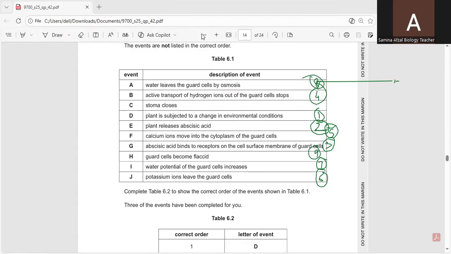And then what will be there? They have given, that is the stomata close.